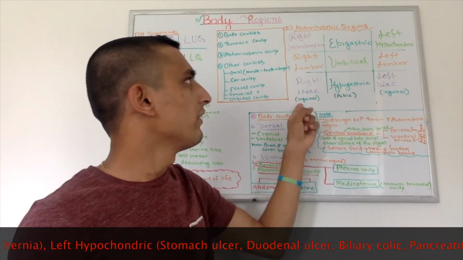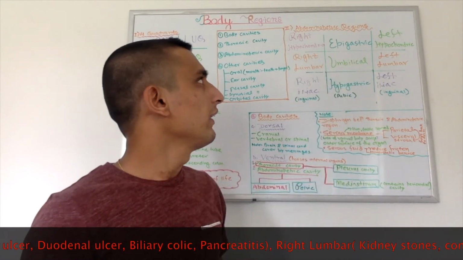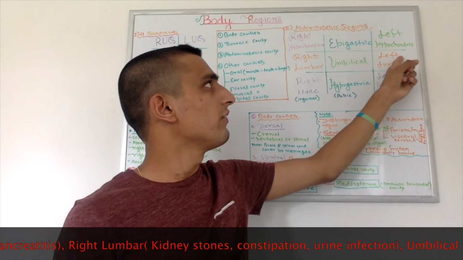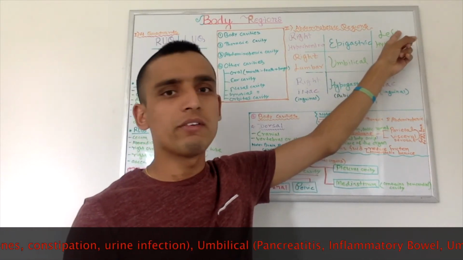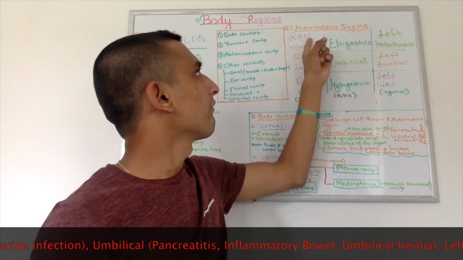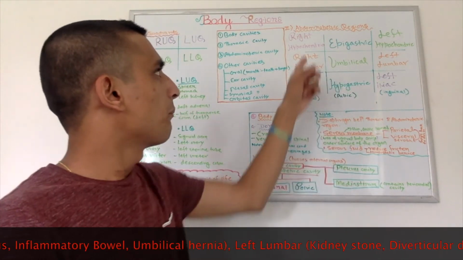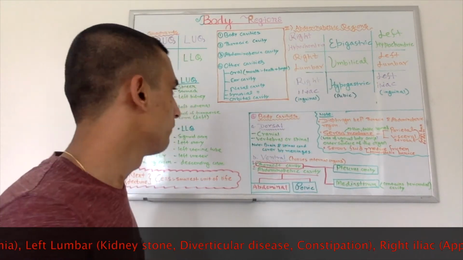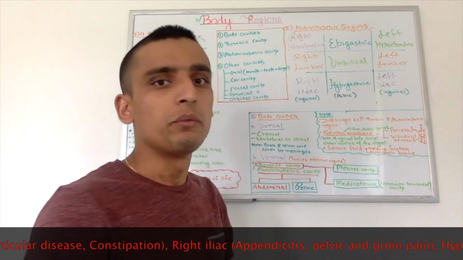Here you can find the cecum; in the umbilical, you have the umbilical cord. Here you find the ascending colon and here the descending colon; in the epigastric, the transverse colon; in the left hypochondriac, the spleen; and in the right hypochondriac, the liver. And the pylorus part of the stomach also. So this is all about the abdominopelvic regions.